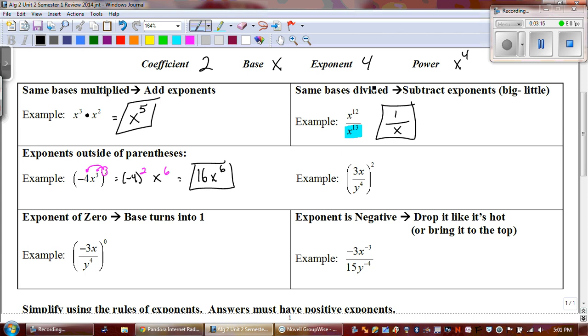Our next example, parentheses 3x over y to the 4th, parentheses to the 2nd power. Whenever you have anything inside the parentheses, always look to see if you can reduce that. In this case, we can't. So we need to imagine that every variable, everything in there has an exponent of 1, and we have to distribute to everything. Okay?